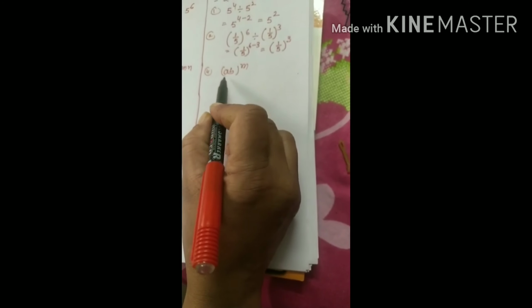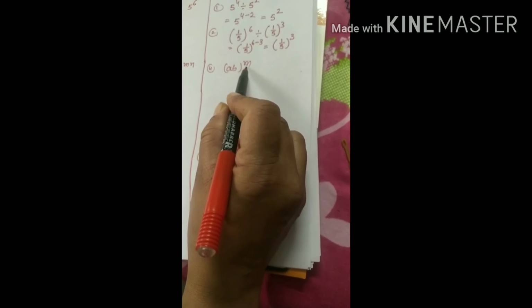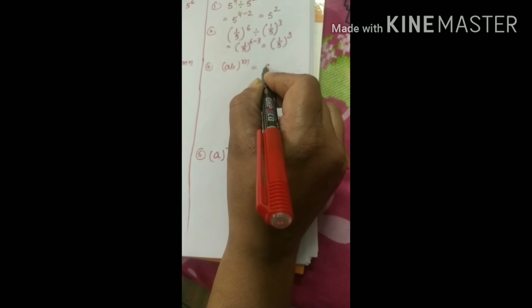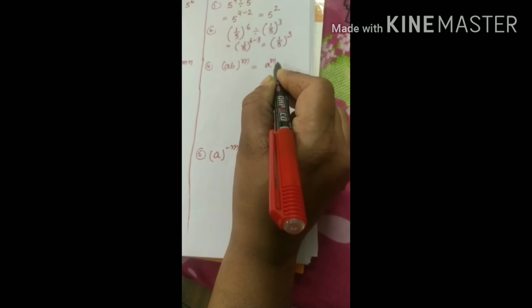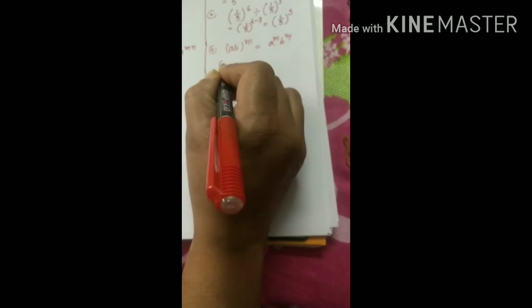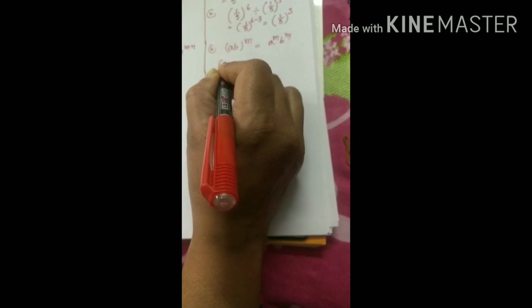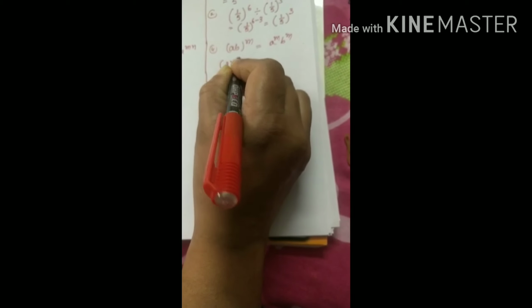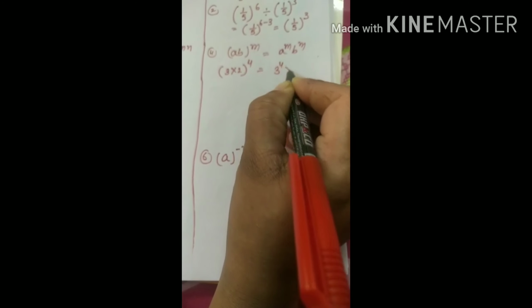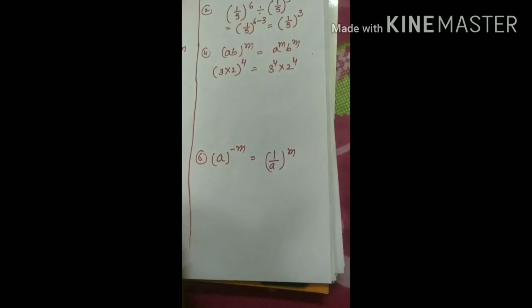Next, if both numbers have one common power, we will write separately a power m, b power m. Like if you are given two numbers, 3 multiply 2, power 4, it means 3 power 4 multiply 2 power 4.